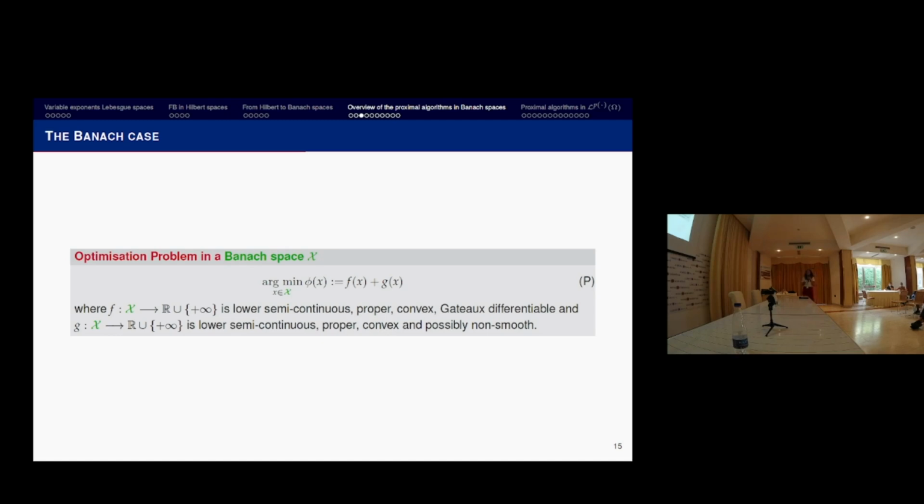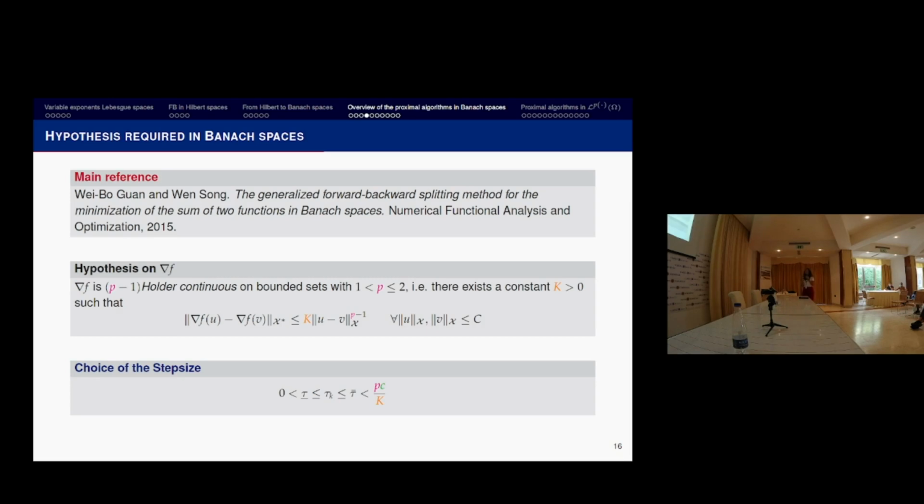So here we have the optimization problem in Banach spaces, and the main reference for the next slide is this paper from Guan and Song, where they present a forward-backward splitting algorithm in the Banach space scenario. And the hypothesis they make on the gradient of f is no longer the Lipschitz continuity, but the p minus 1 order continuity of the gradient.